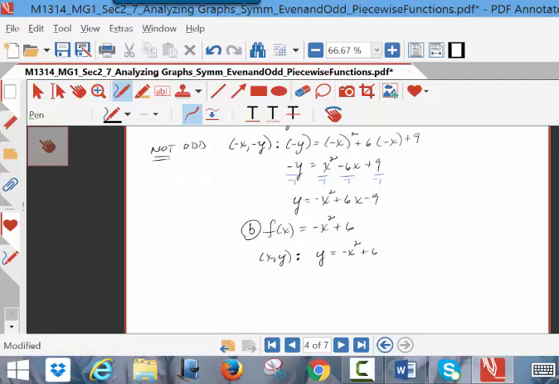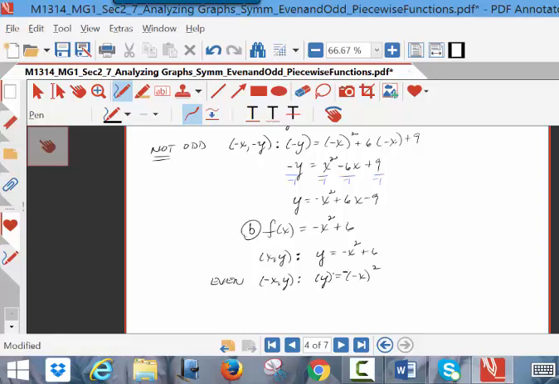Then if I want to check to see if it's an even function, what am I checking? This is over the y-axis. Negative x, there you go. Okay, instead of memorizing it, try to visualize it. So y replaced by y, but x replaced by a negative x.